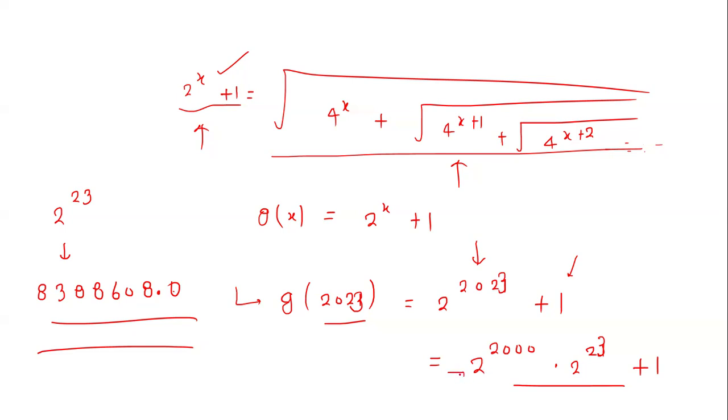And if you multiply this by 2 power 2000, then the last four digits will remain 8608. If you add 1 to this, it will become 8609. And if you sum the digits, it will become 23. So this is our final answer: the sum of the last four digits is 23. So in this way we can solve this.